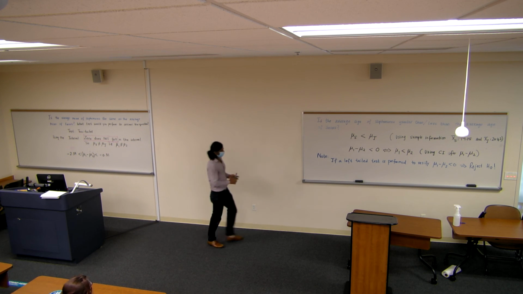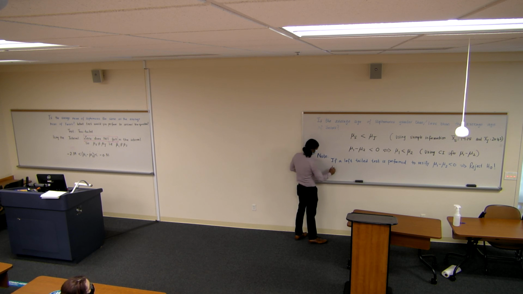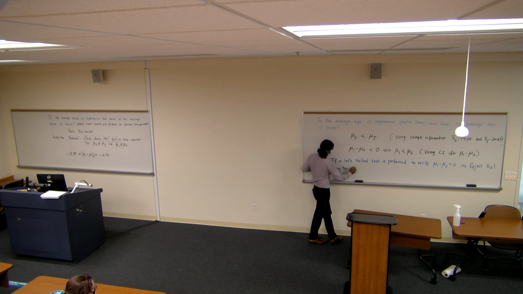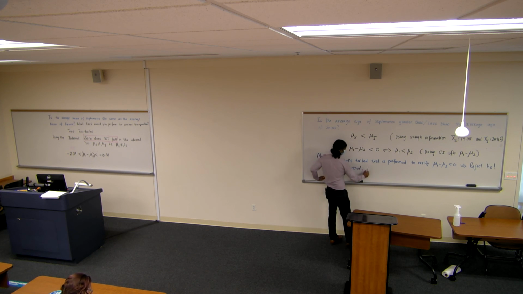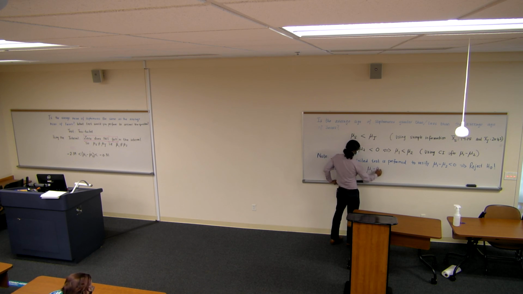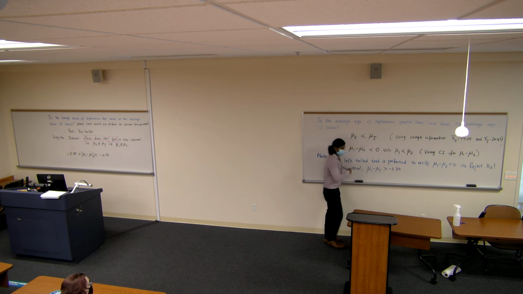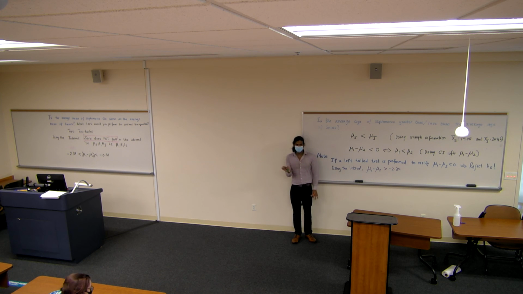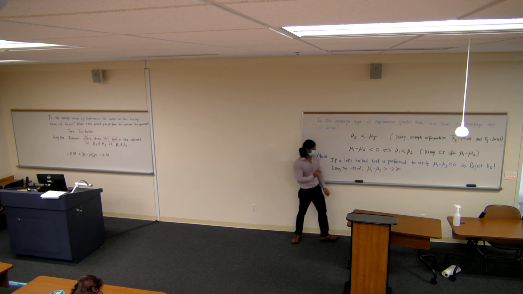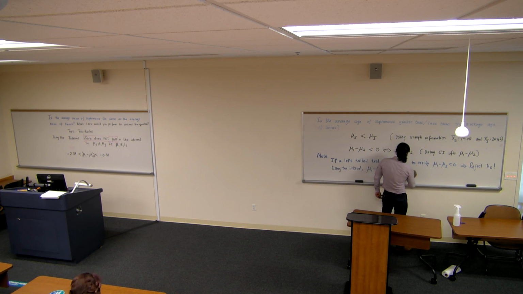So practically, I could conclude mu1 minus mu2 is greater than negative 2.39. Yes? Which would mean mu1 is greater than mu2 minus 2.39.